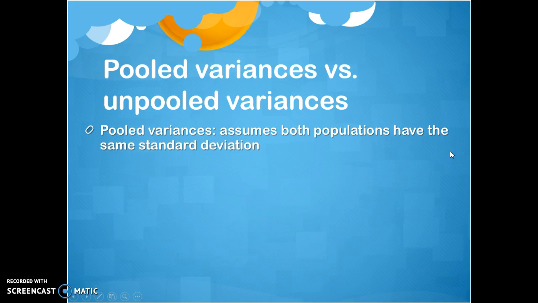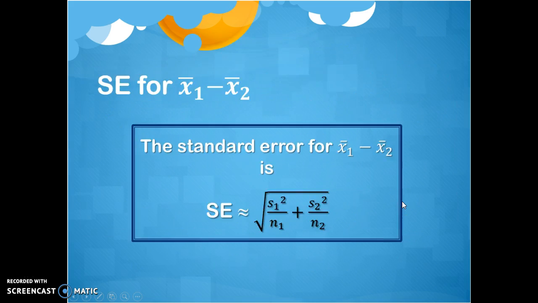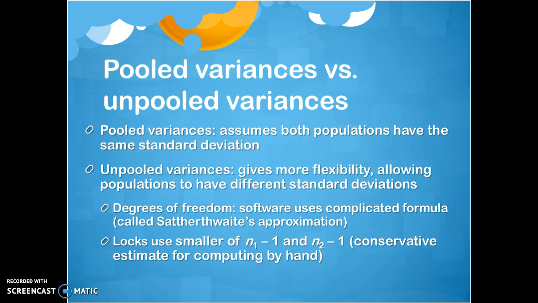So remember, we use degrees of freedom for our t distribution, picking the one we need. When we are doing a mean difference, our degrees of freedom can be really complicated, and I'm not going to get into it. That's a whole separate idea.